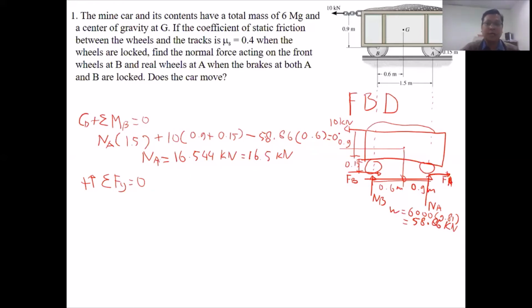We have NB, NA, and also the weight. First, NB is in the positive direction, meaning upward, and NA is also in the same direction, so positive. And then we have the weight here.